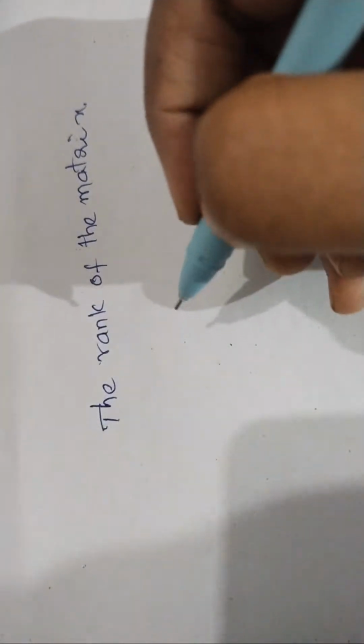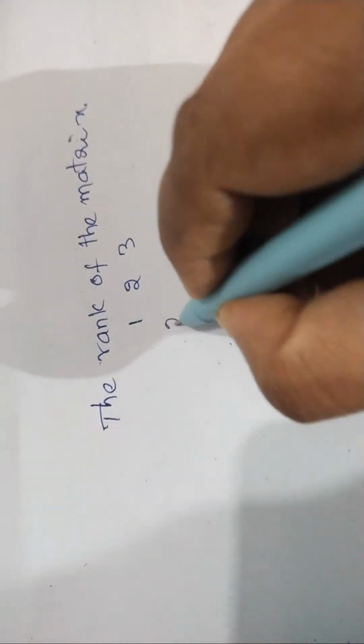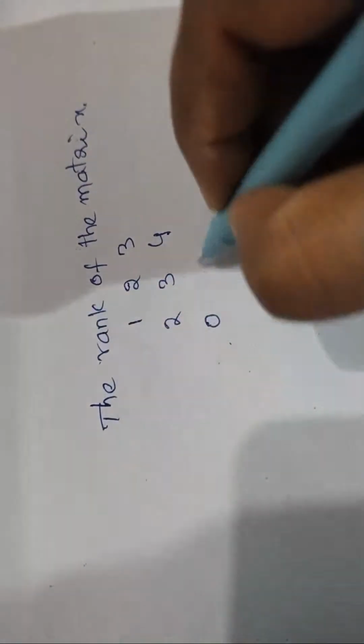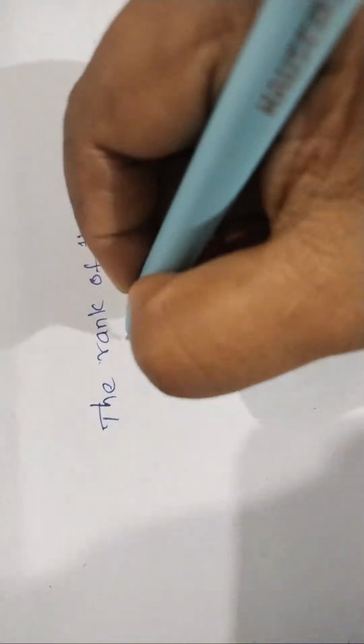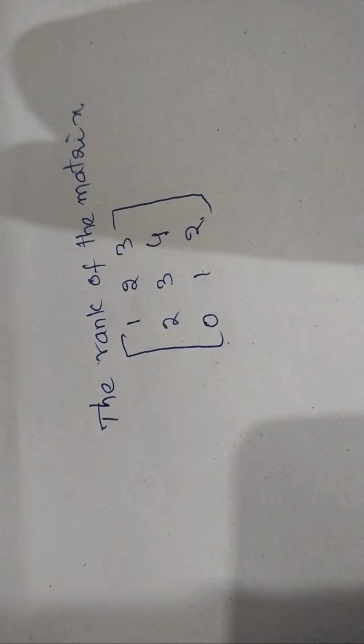Find the rank of the matrix with elements 1 2 3, 2 3 4, 0 1 2. Now I want the rank of this 3 by 3 order matrix.